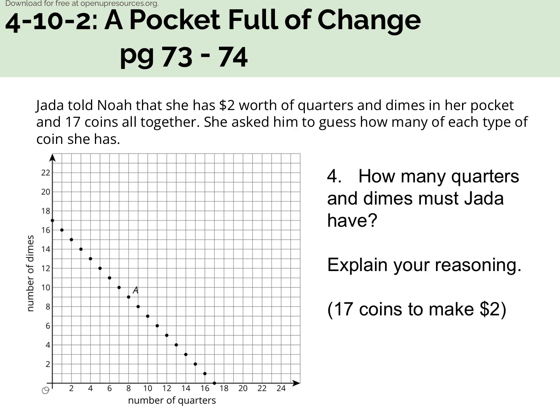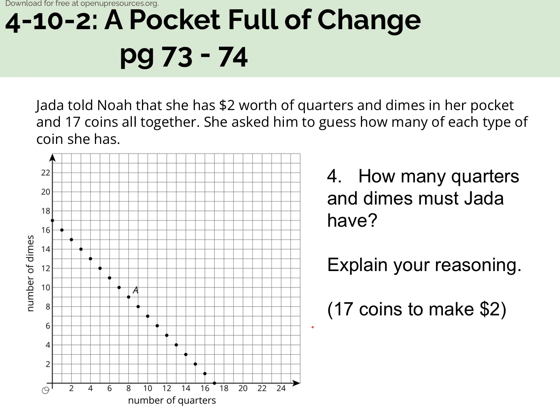All right, so now let's look at number 4. How many quarters and dimes must Jada have? Explain your reasoning. And remember, it has to be 17 coins, okay? 17 coins to make $2. All right, so what did you come up with?